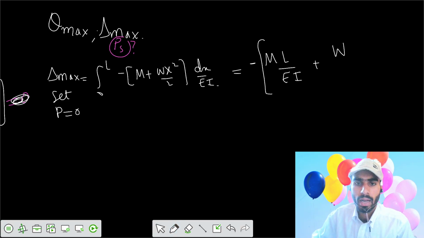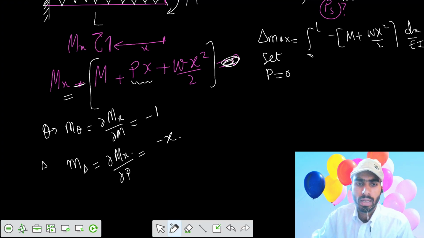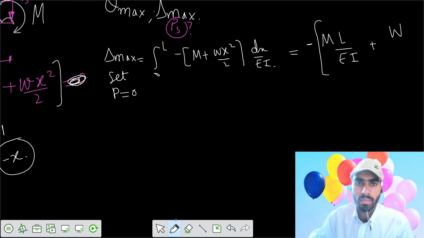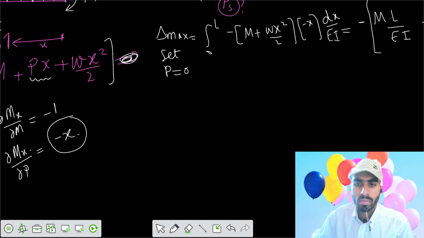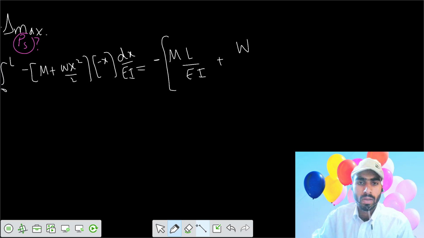I forgot the value of that small m. So this is minus x, you have to multiply it. So this was your M into small m. So this one you have to remove. You say M into small m, dx by EI. Let's solve now.